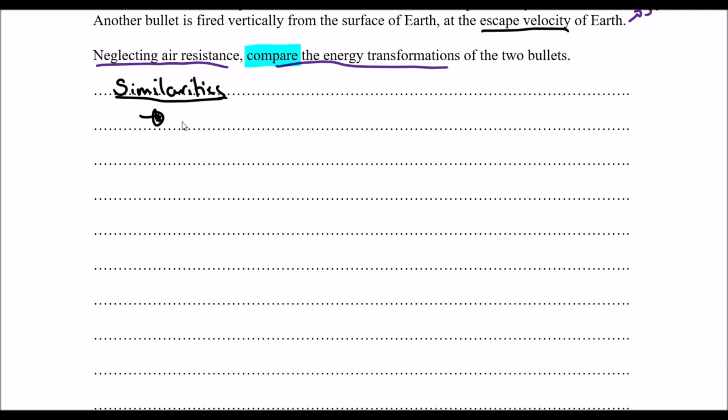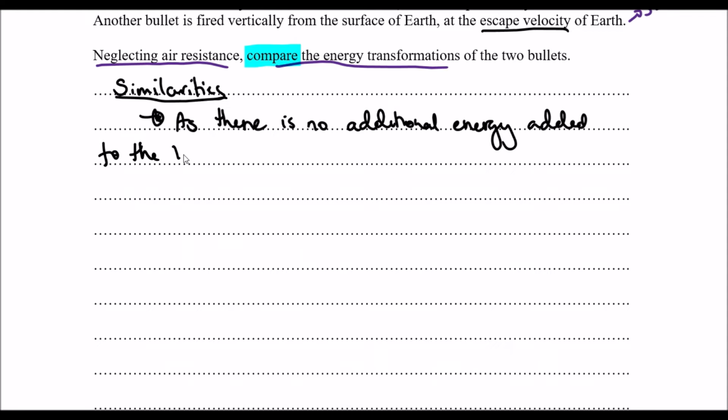Okay, so as there is no additional energy added to the bullet, the total energy remains constant.